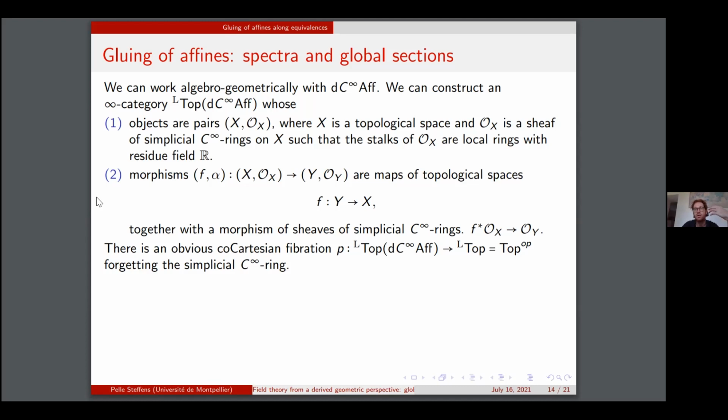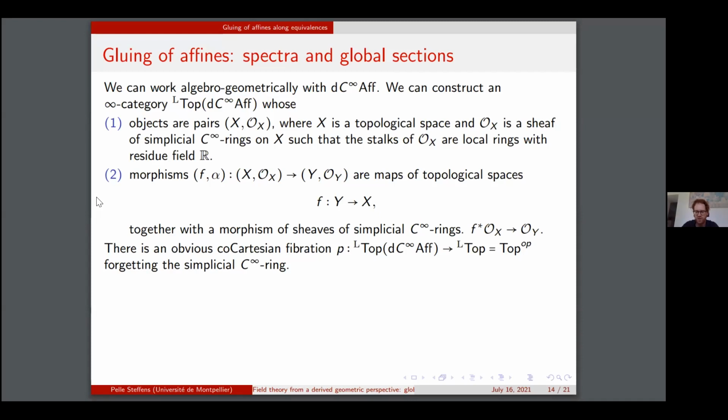You can take, say, CDGAs in homologically non-negative degree, and then demand that only in degree 0 there's a C-infinity ring structure in sets. Localizing these at the obvious notion of weak equivalences also recovers this category that controls derived differential geometry.